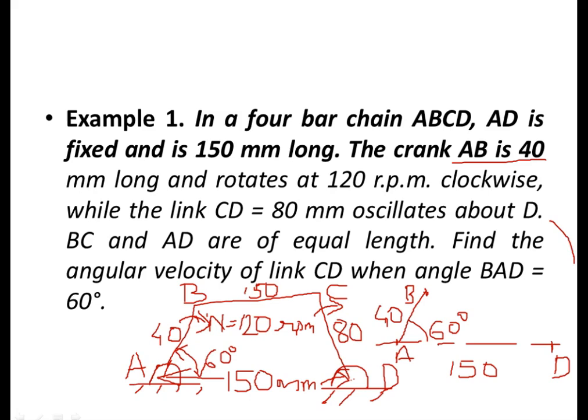And from D, you can cut an arc of 80 mm. The intersection point you get, you can join. So this becomes your 150 and this becomes your 80.